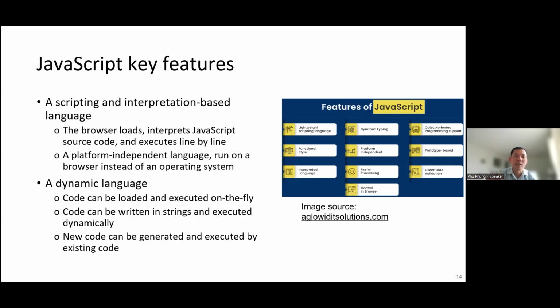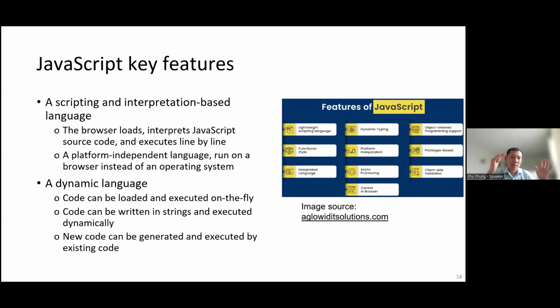And the code can be written as a string and executed dynamically. That is a very interesting invention of the language, but it's also a dangerous feature of the language. Of course, because of that, new code can be generated and executed, right? And I will give you some examples later.